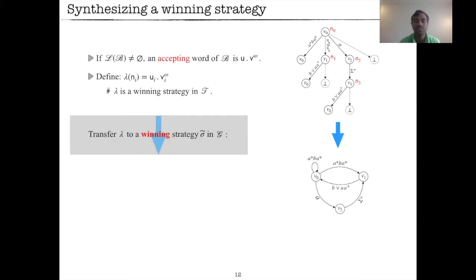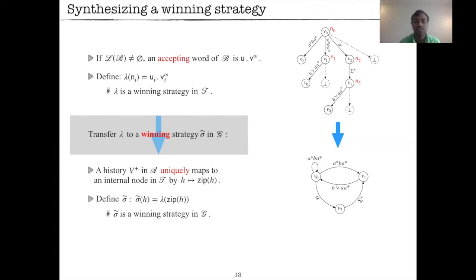Then it remains to transfer this strategy to a winning strategy in the original arena. Recall that any history in V plus in the arena uniquely maps to an internal node in the tree, which we denote by zip.